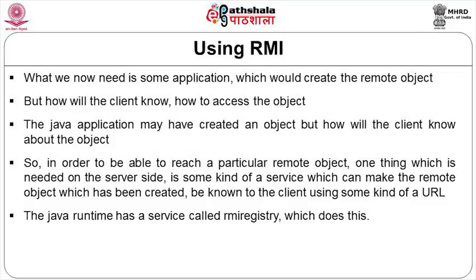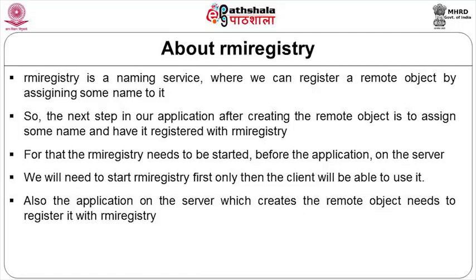So the next step we normally do is identify a name, have an object, and have it registered with rmiregistry. But before that, rmiregistry needs to be started. So we'll have an rmiregistry running. Only then will the client be able to ever use it.